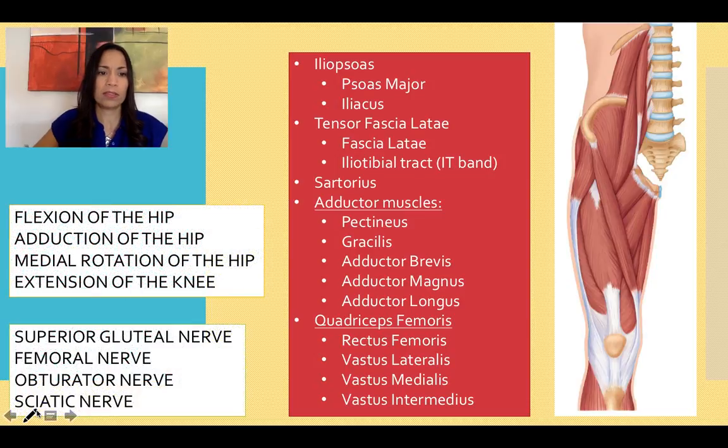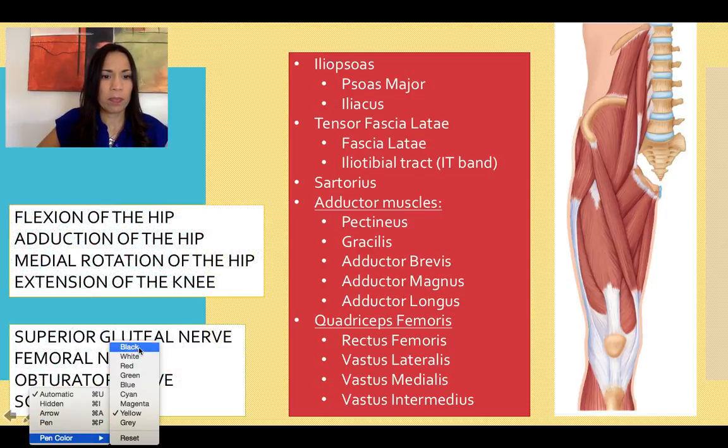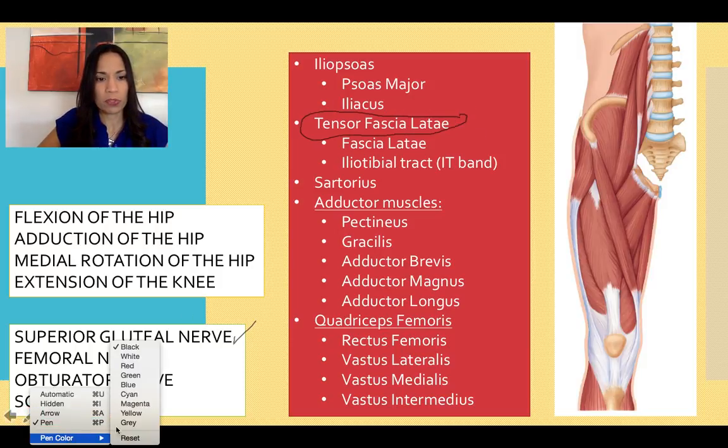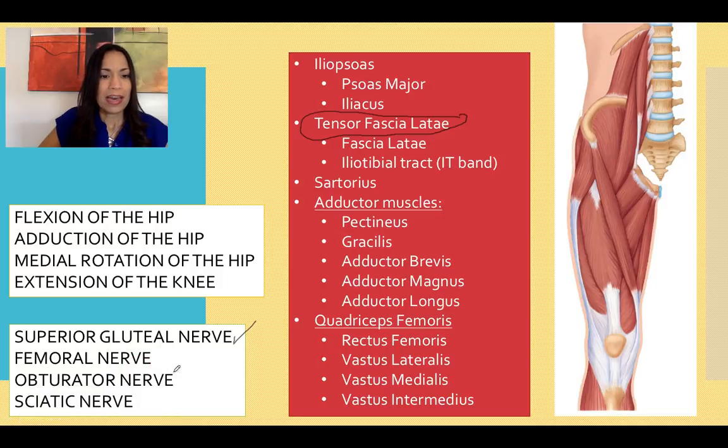and we can see now the nerves. Nerves in black. Let's start with the superior gluteal nerve. It innervates which muscle? The tensor fasciae latae. Only that one, from the group of muscles that we are covering today.